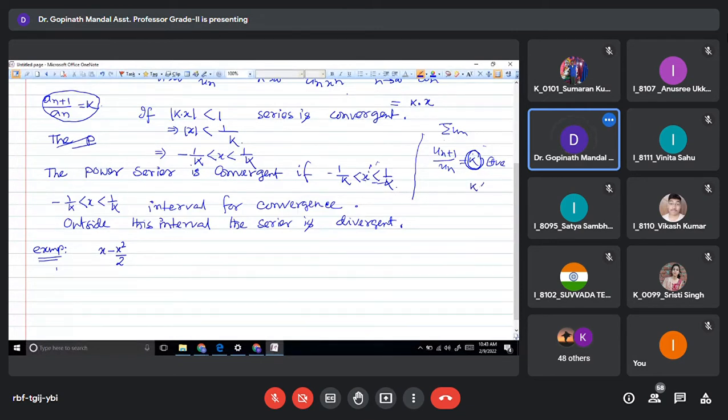And for k less than 1 the series is convergent, and for k greater than 1 the series is divergent. Now here the ratio is k into x. This may be positive or negative. For that case actually we take the modulus because we want the actual numerical number. Okay.